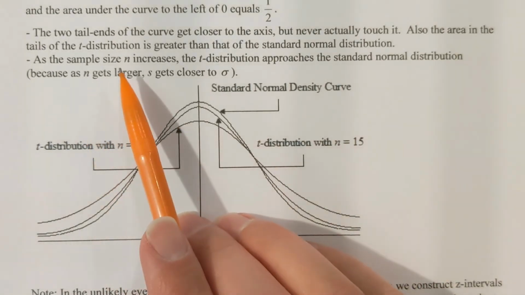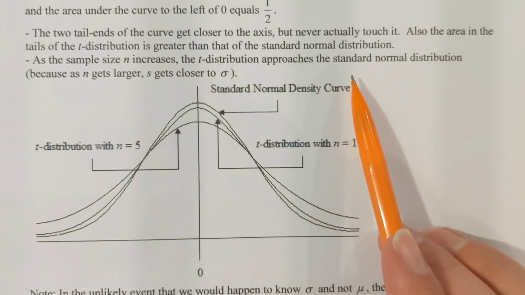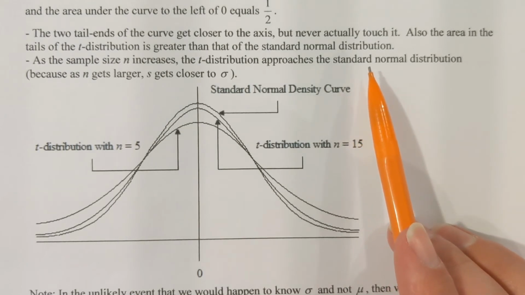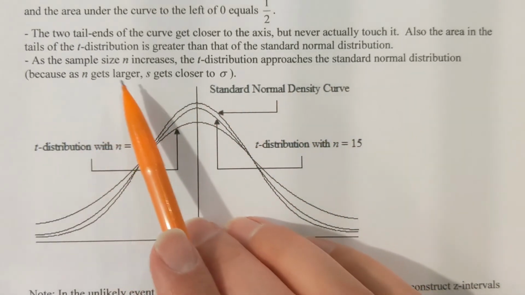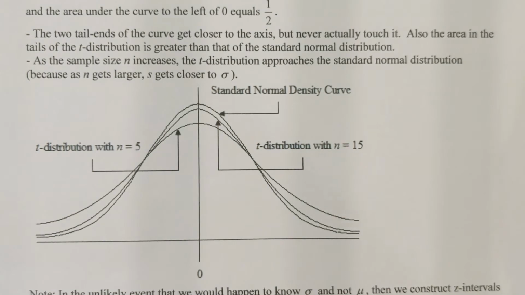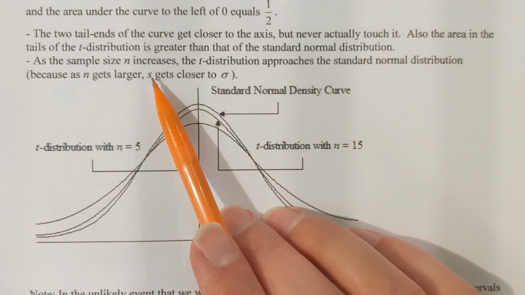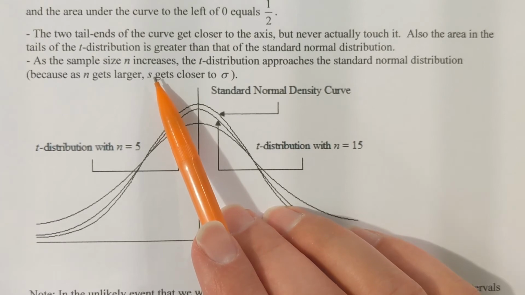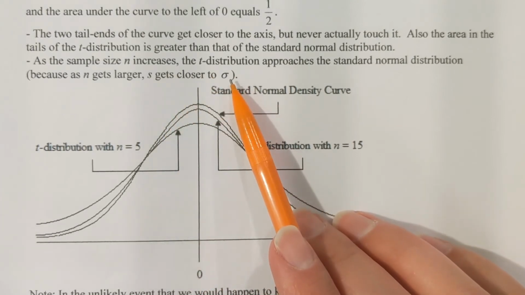As the sample size increases, the t-distribution approaches the standard normal distribution. This is because n gets larger, so you have more information in front of you. That's a good thing, and therefore the sample standard deviation is going to be closer to the actual standard deviation.